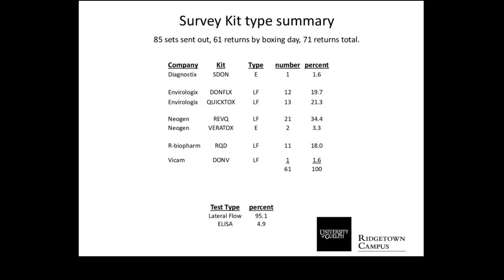The intensity of the color is more or less proportional to how much toxin there is, and you put those little strips in a reader, and the reader determines the color and then calculates the concentration. And they all operate in more or less the same way, and they're all about as easy to use.